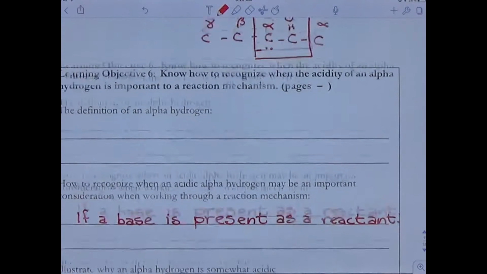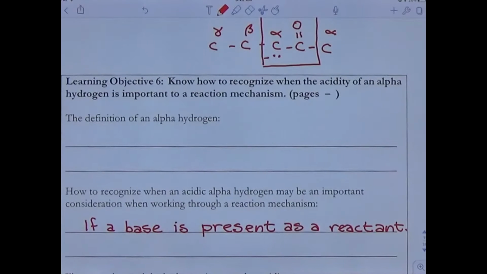You have to have a base present for that to happen. In addition, you're going to have a nucleophile for that to react with. In two chapters, when we use this again for something else, you're going to use this if your other options don't pan out.